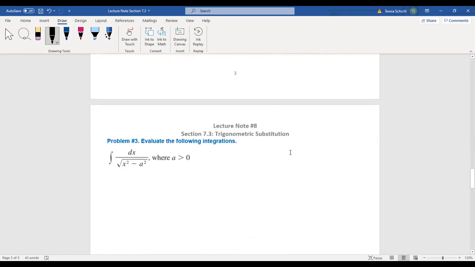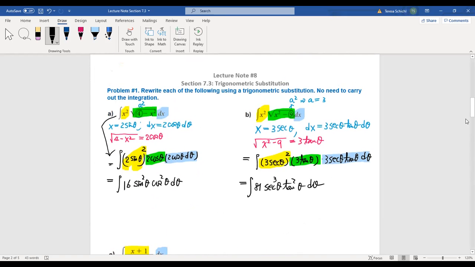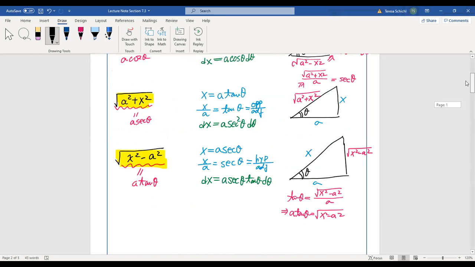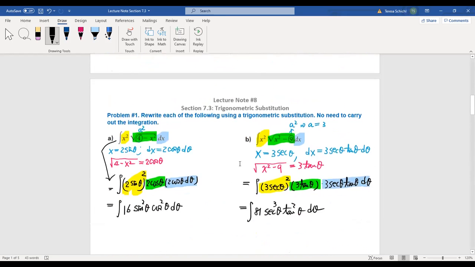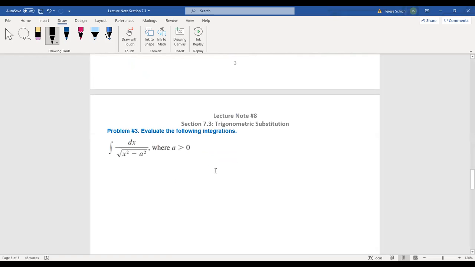Okay, so now let's take a look. This is x squared minus a squared here. So what is the substitution? Oh, I need to use the secant theta. All right, so let's start here, x squared minus a squared. I know my substitutions here.